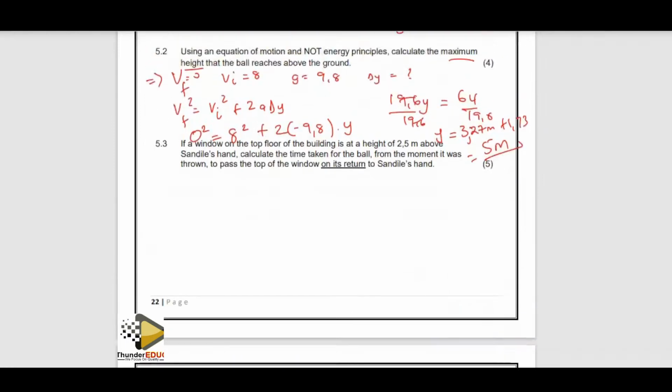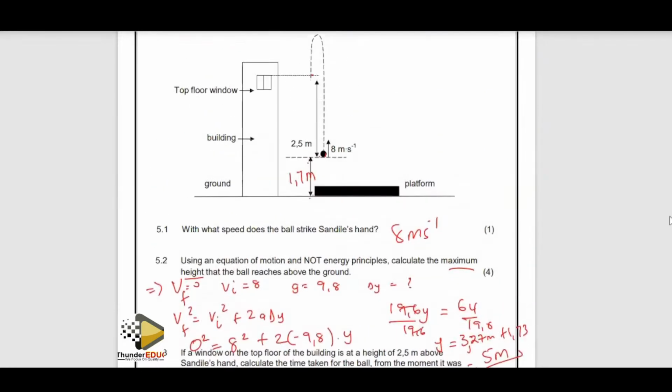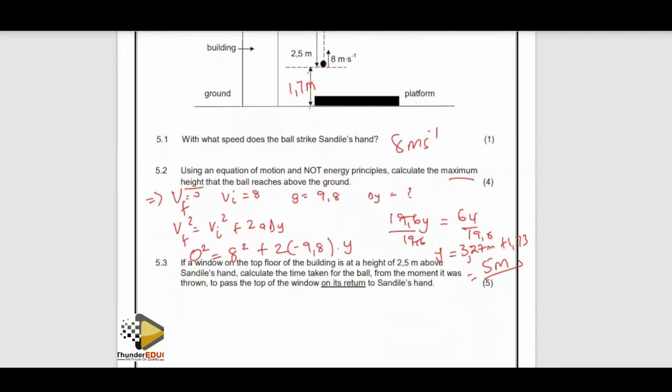So this is a quadratic, guys, a quadratic time it takes to pass the window. Okay, let's see. So we must be able to get at least two values if possible. So we can start by doing what?